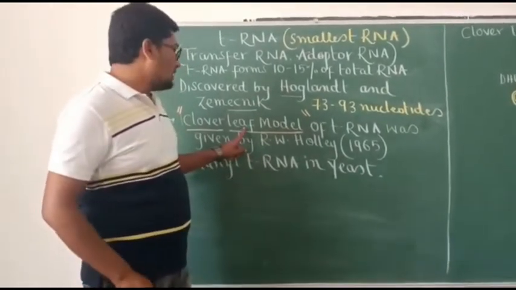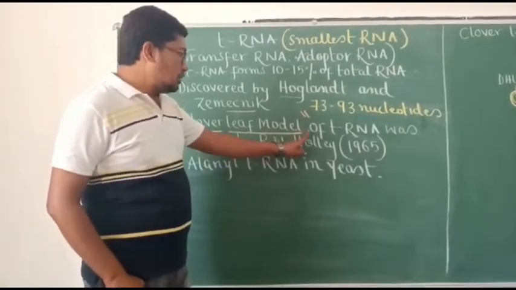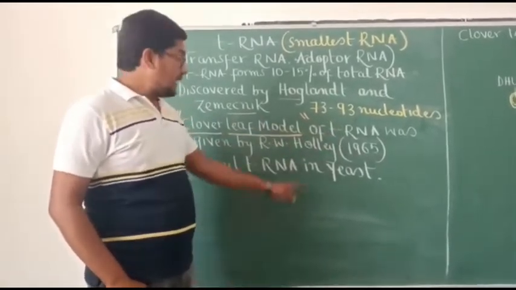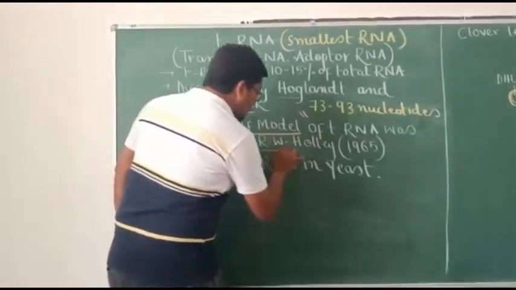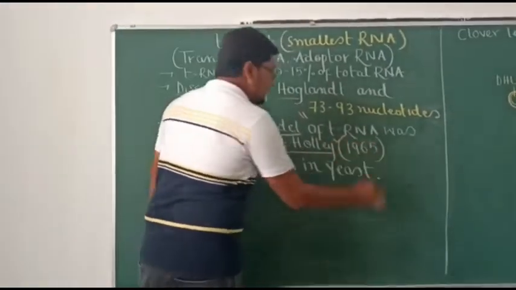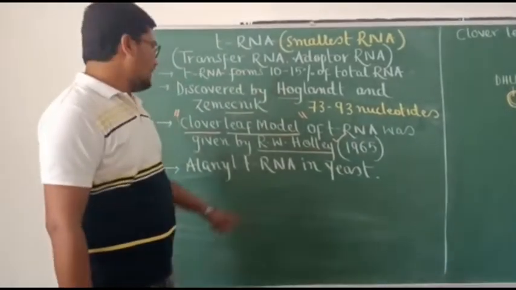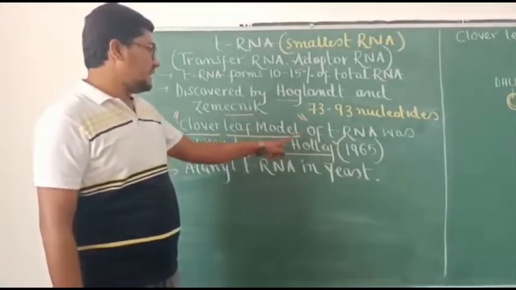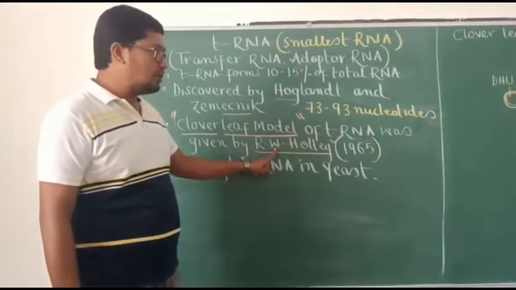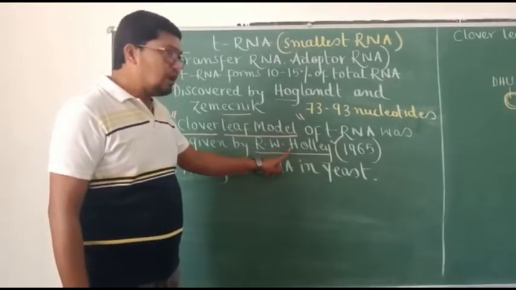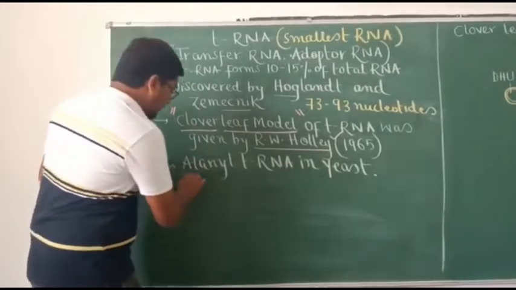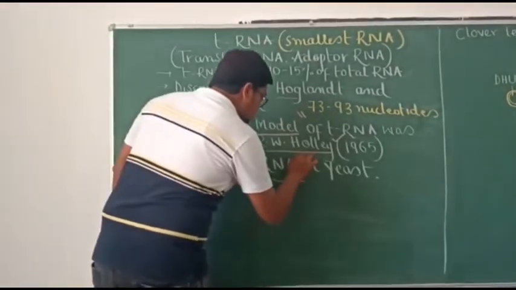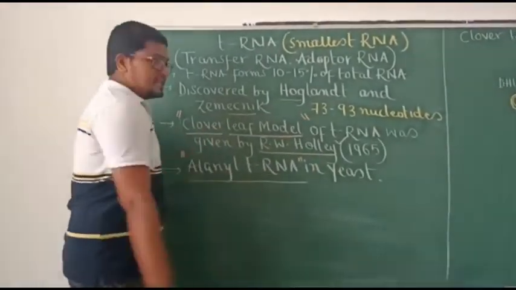That's why this model of tRNA is called clover leaf model of tRNA, and this clover leaf model of tRNA was given by R.W. Holley in the year 1965. So clover leaf model of tRNA was given by whom? R.W. Holley. And R.W. Holley explained the structure of which tRNA, if the question is asked. Answer should be alanine tRNA.